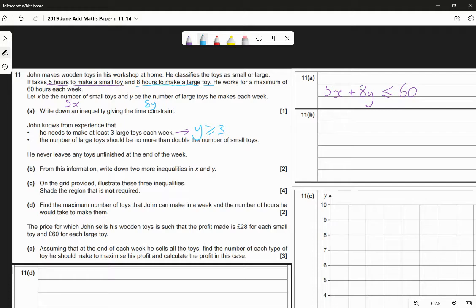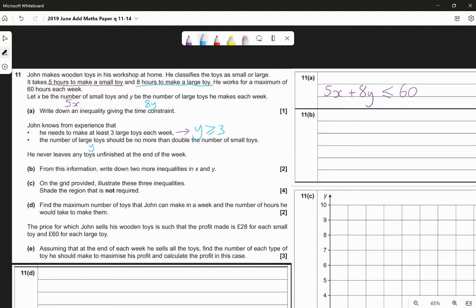The next sentence says the number of large toys, so something to do with y, should be no more than double the number of small toys. No more than means at most. If I say no more than 7, that means it could be anything up to and including 7, but it cannot be 8. It cannot be 7.1. So no more than 7 would mean less than or equal to 7.